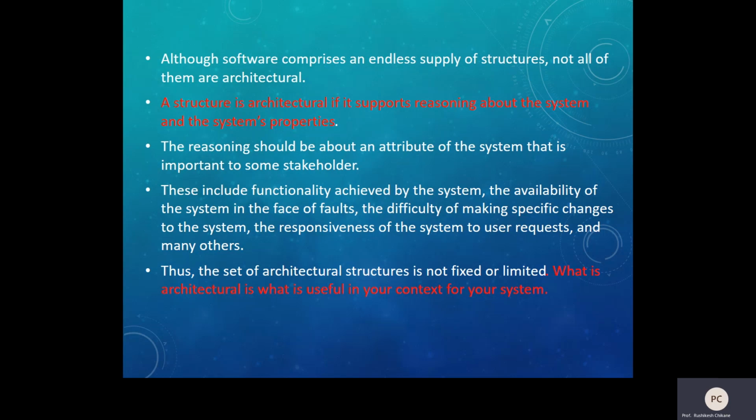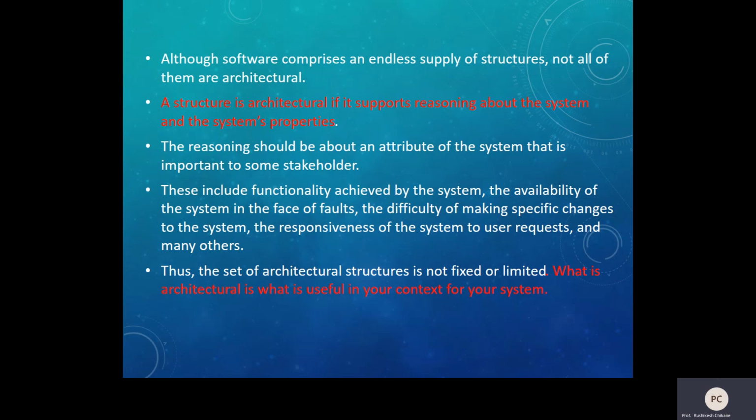Second, availability of the system in the face of faults. If I want to make complete changes to the system, then the structure must be easily modified. Third, if I don't want to change the architecture, then those structures must be rigid or firm with that architecture.